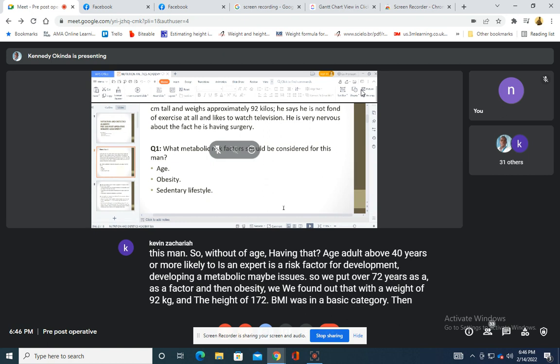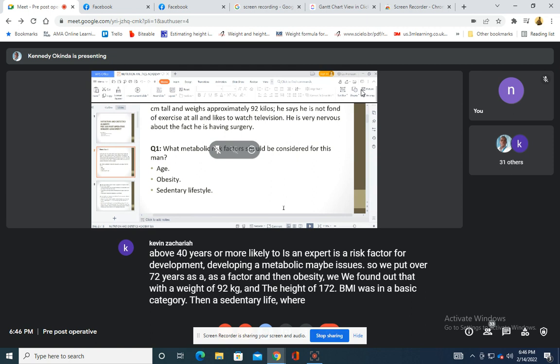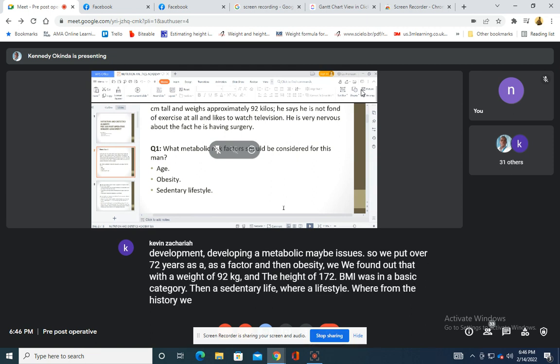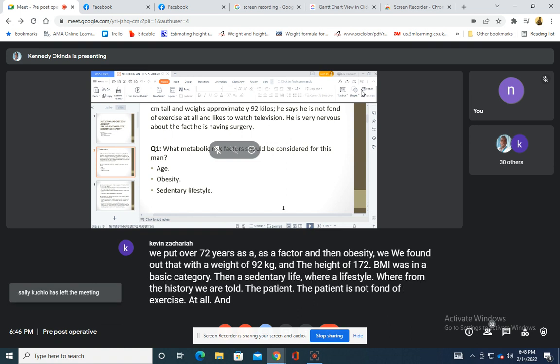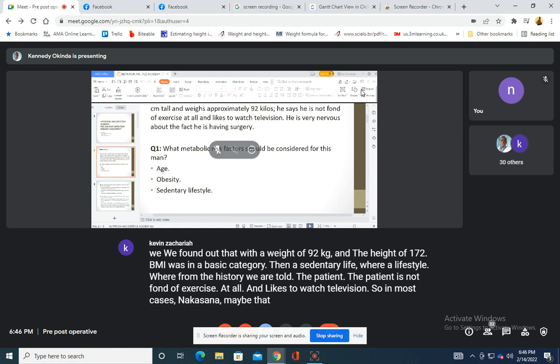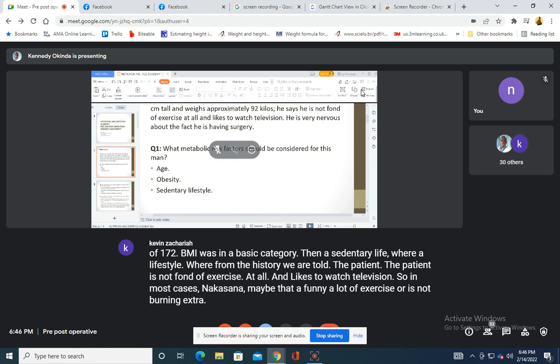Then sedentary lifestyle: from the history, the patient is not fond of exercise at all and likes to watch television, so he is not burning extra calories. So we thought of those three metabolic risk factors. You can move to question 2.